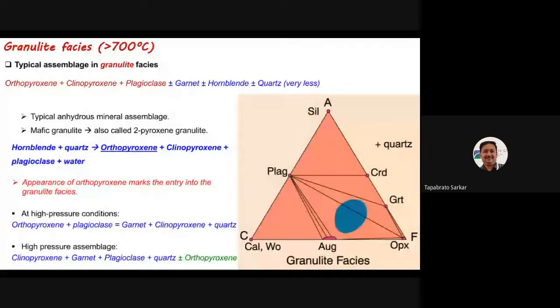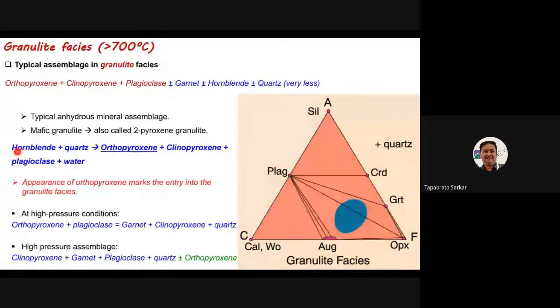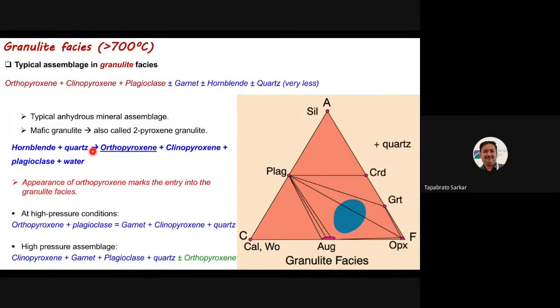So what reaction takes place? There is a hornblende breakdown reaction where hornblende reacts with the available quartz to form orthopyroxene plus clinopyroxene plus plagioclase plus water. As you can see, the hornblende breaks down to form orthopyroxene.